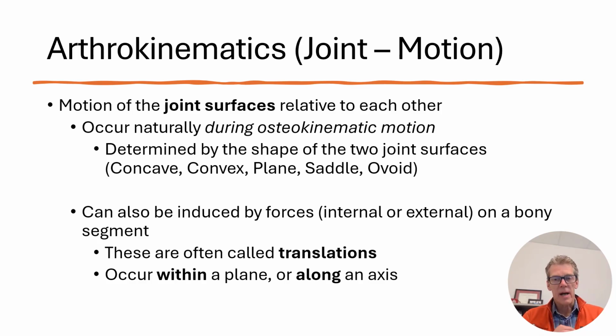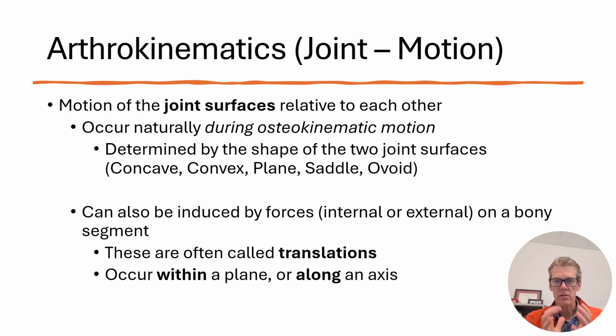So we've talked about osteokinematics. Those are the bone motions, segment motions. All right. Now we're going to talk about arthrokinematics, and these are joint motions. So this is what's happening between the two joint surfaces as the segment is going through an osteokinematic motion.